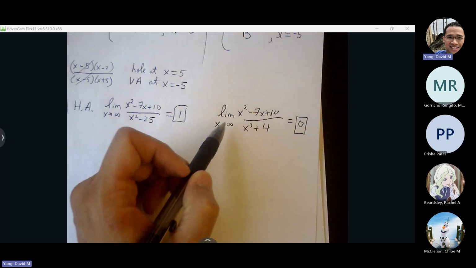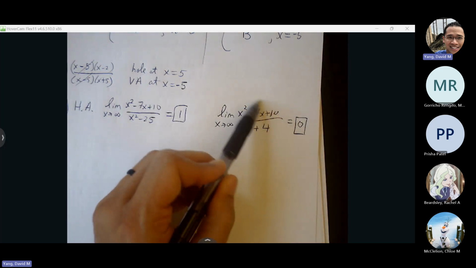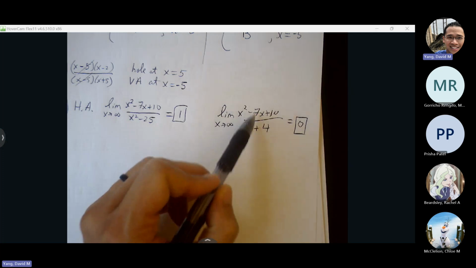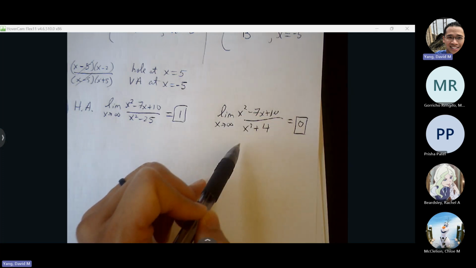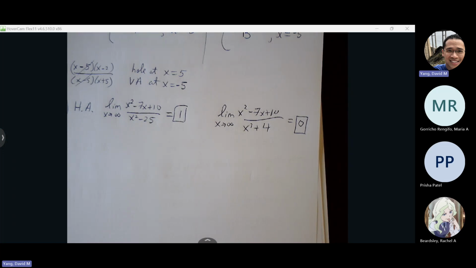Also, if you forget this rule, you can just imagine what's going to happen to this fraction as we approach infinity. They're both headed towards infinity, but which side is growing faster? Bottom. If you imagine the denominator getting larger faster than the numerator, you expect that fraction to get smaller. So hopefully that reasoning will lead you to 0.